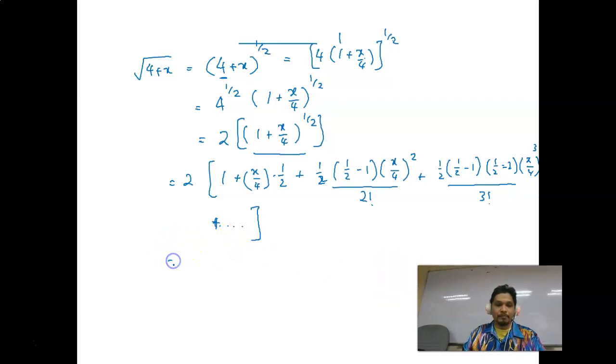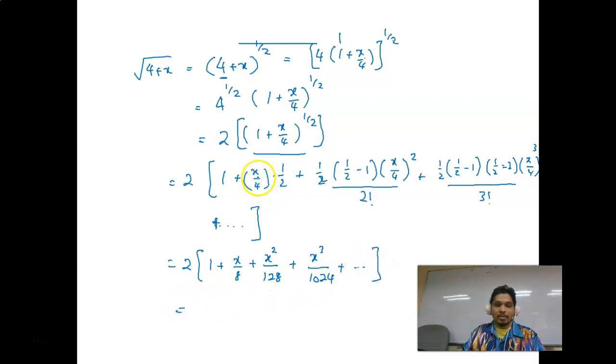Okay, now simplifying all this, we have 2 outside here, give you 1 plus x over 8 plus with, okay, simplifying all this is gonna give you x squared divided by 128 plus with x cubed divided by 1024.